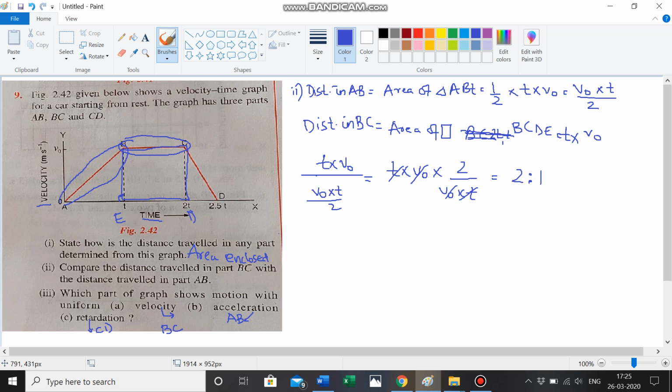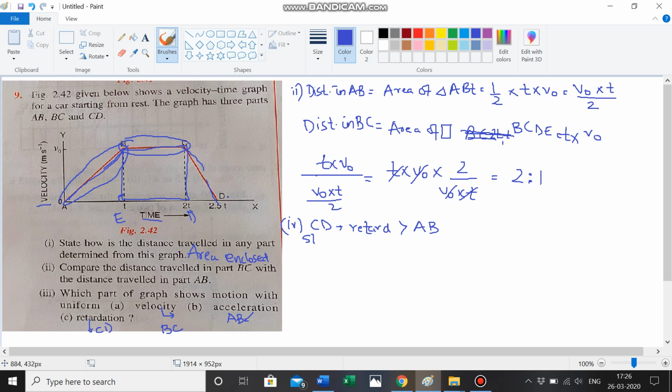There's a fourth part to the question which is not here. I'll read out the fourth part. The fourth part says, is the magnitude of acceleration higher or lower than the retardation? Now, which is a steeper line? Is CD a steeper line, which is retardation, or is AB a steeper line, which is acceleration? And to me, CD looks like a steeper line. So CD, which is retardation, is more than AB.